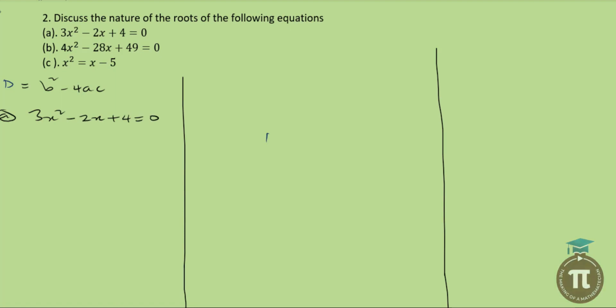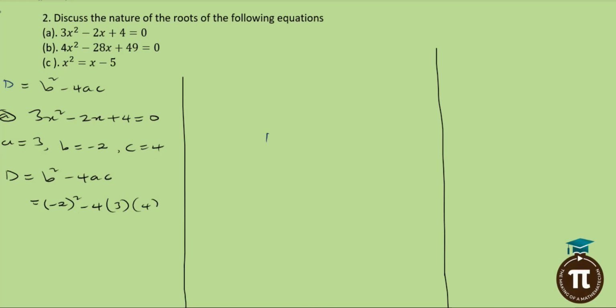Now, the first one, A, we have 3x² − 2x + 4 = 0. Now, a is 3, b is negative 2, that's the coefficient of x, and c is 4, the constant. So D = b² − 4ac, that is equal to (−2)² − 4 × 3 × 4. (−2)² will give me 4, 4 times 3 will give me 12, 12 times 4 will give me 48.